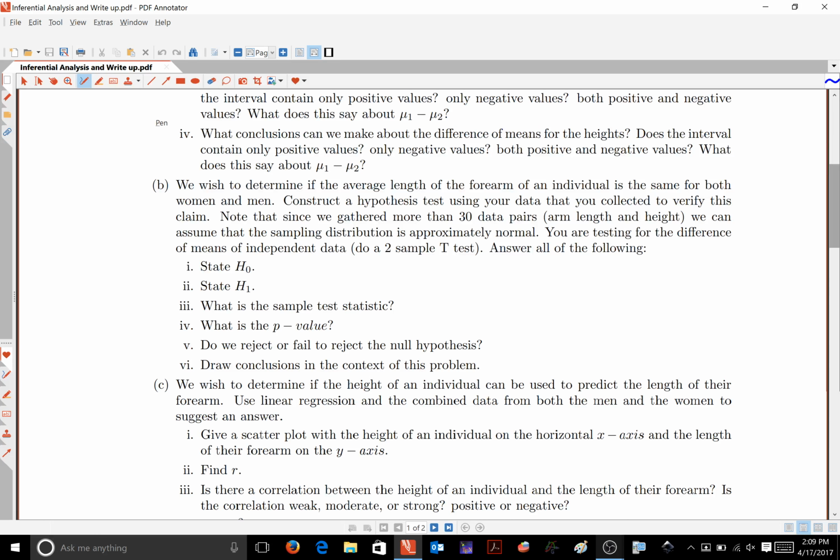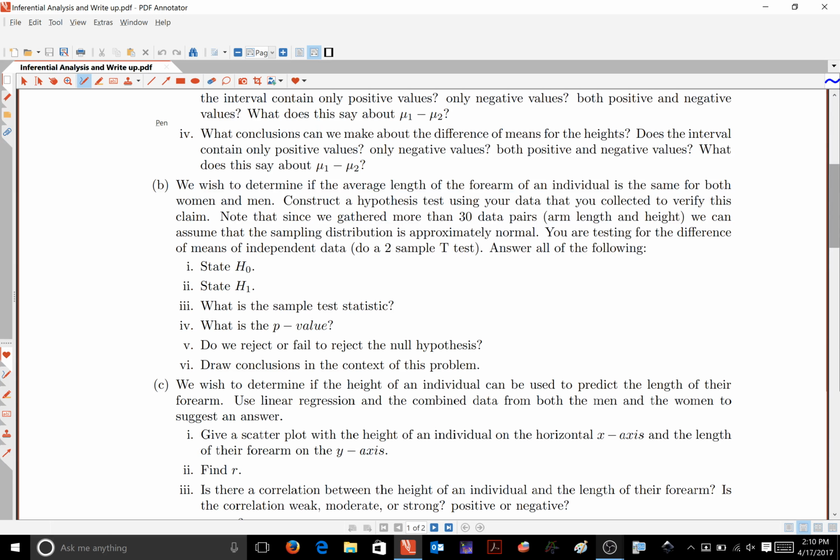When you're reporting your hypothesis test on your poster, you need to tell me what H0 and H1 are and the conclusions. You don't have to tell me alpha. You don't have to tell me the p-value if you did the p-value method. You don't have to tell me your sample test statistic and your critical value if you did the traditional method. You have to tell me the null and alternate hypothesis and the conclusion. That's what I'm looking for.